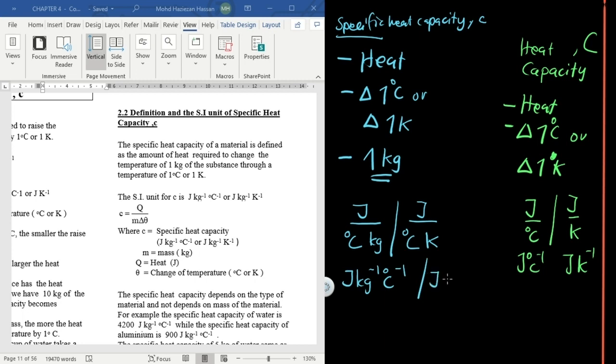We can write it as joule per kilogram per degree Celsius, J kg⁻¹ °C⁻¹, or for Kelvin, J kg⁻¹ K⁻¹. This is the difference between specific heat capacity and heat capacity.